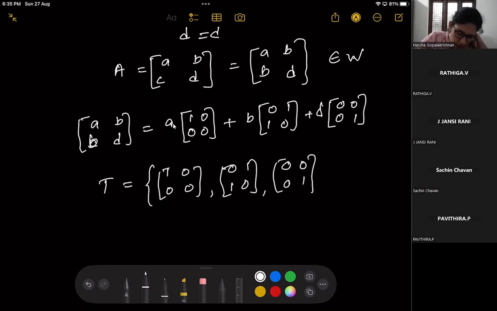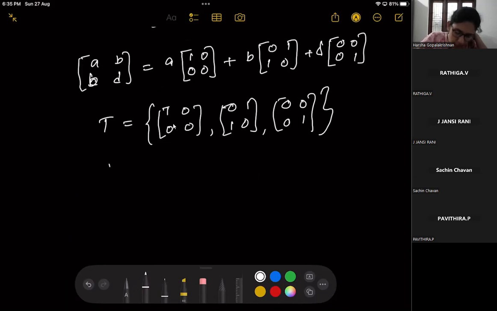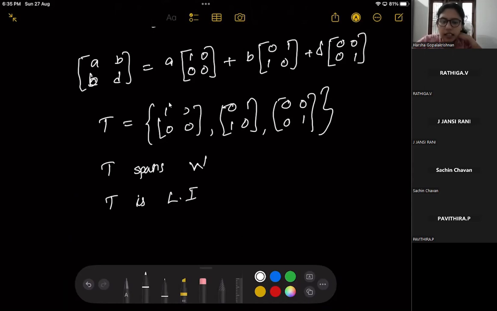So T spans W. Is T linearly independent? Yes, madam, it is linearly independent.